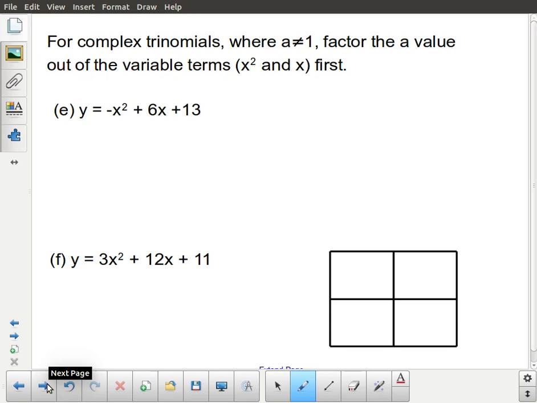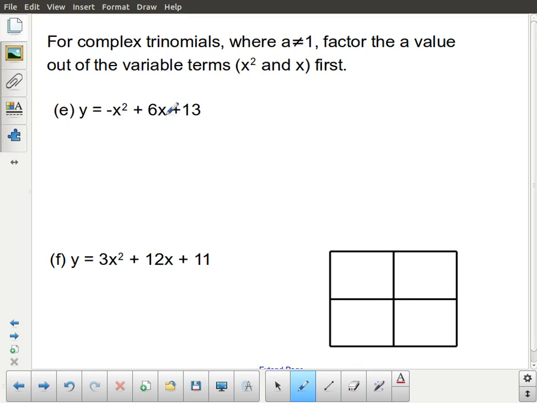What happens when the a value is not quite so simple, meaning it's not a 1? In that case, and this is an understandable place where students get tripped up, what you need to do first is you actually have to remove whatever that a value is. If it's not 1, and that includes just something as simple as negative 1, you have to factor that a value out of the x terms or the variable terms.